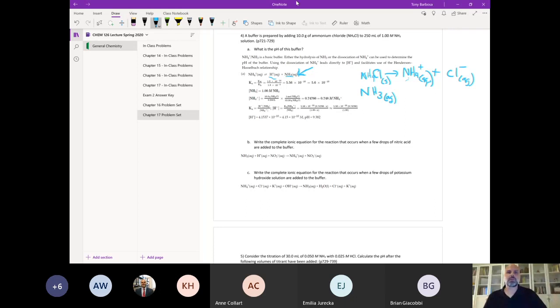They're asking in the second part of the equation, if you're adding nitric acid, you have to recognize, first of all, that the nitric acid is going to affect the H plus side of the equation. So the reaction is going to go in the reverse direction, where now the ammonia that's in solution is going to react with the protons. When you dissolve nitric acid in water, you end up with complete dissociation because this is a strong acid.